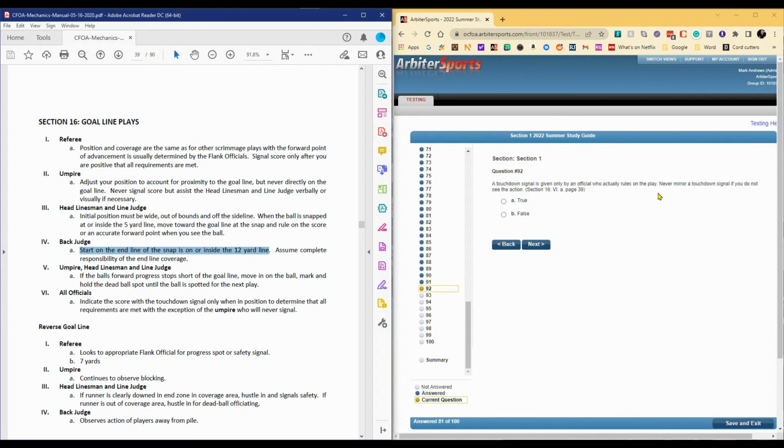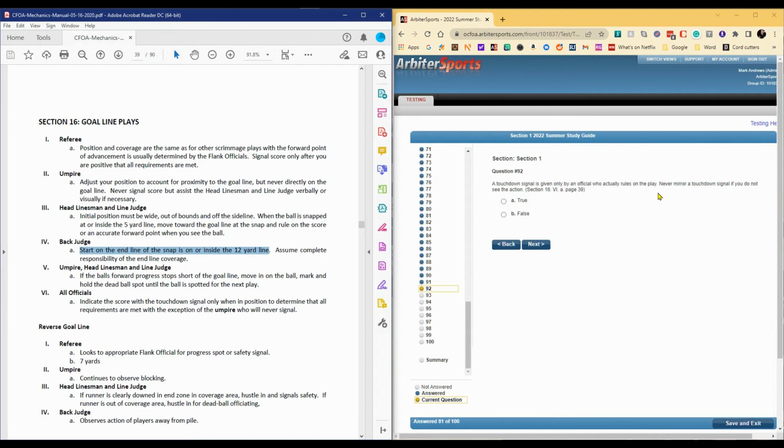If you have absolute knowledge that the runner was down before he crossed the goal line, and that can happen. Those goal line plays are really hard because there are so many people in a cluster. A lot of times you lose sight of the ball, and this is where you want to be really slow. Make sure that the runner still has the ball. Make sure that he's crossed the goal line.